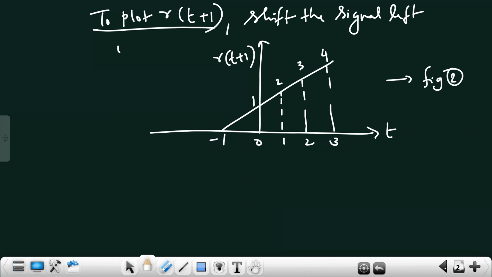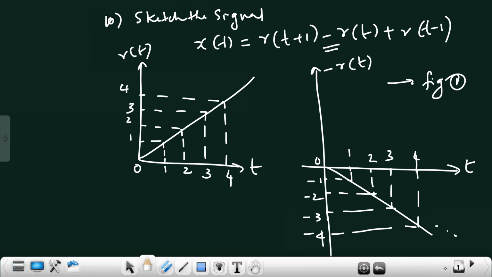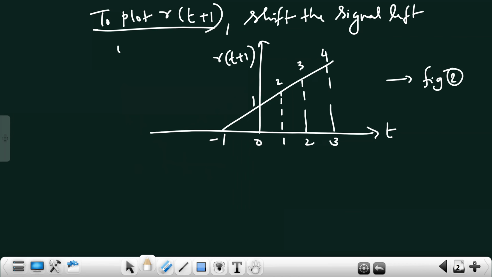Now, what is the third term that we have? The third term is r of t minus 1. So to plot r of t minus 1, what we need to do? We need to shift towards right. So r of t, we are going to shift towards right by 1 unit of time.